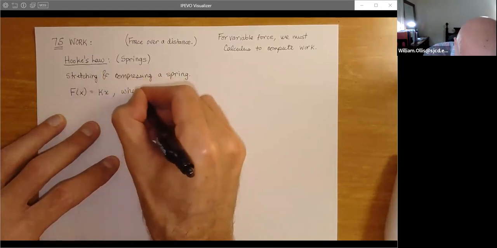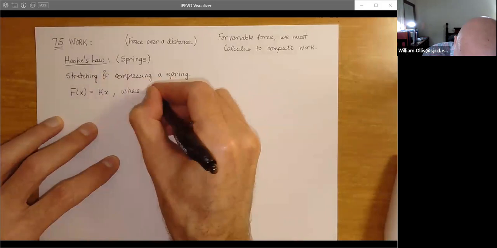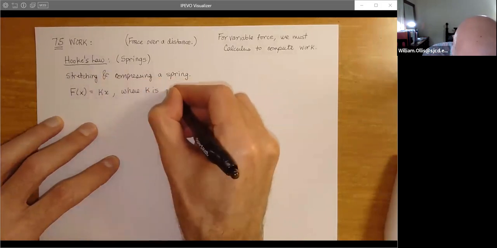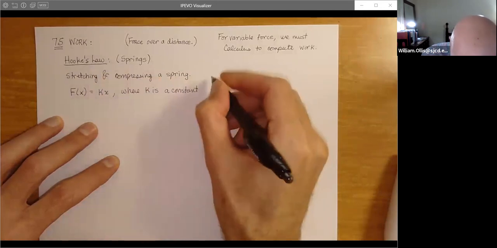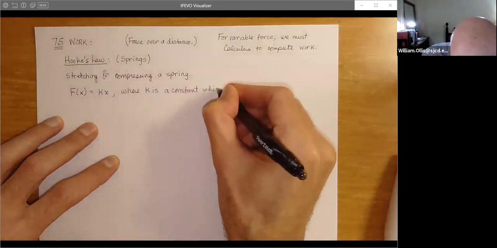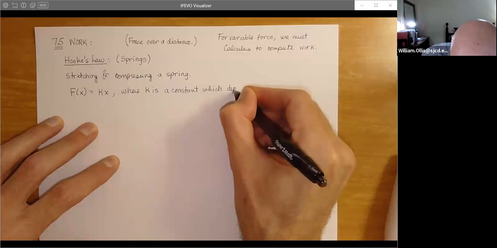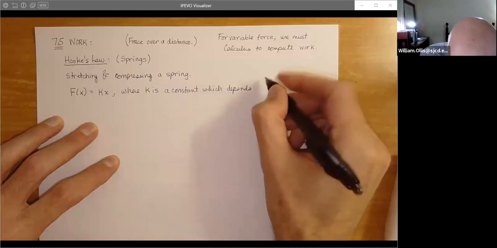where K is a constant which depends on the spring.